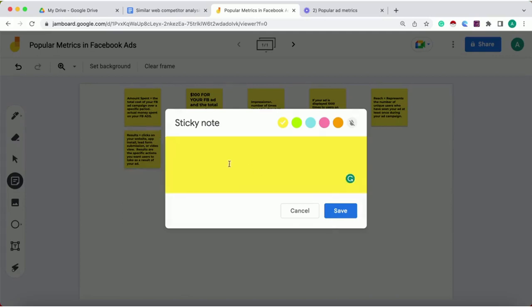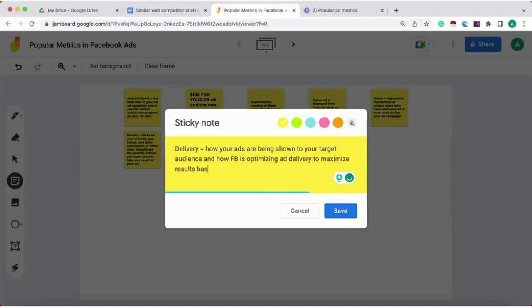Okay, next we have delivery. Delivery is how your ads are being shown to your target audience, and how Facebook is optimizing ad delivery to maximize results based on your campaign objective.